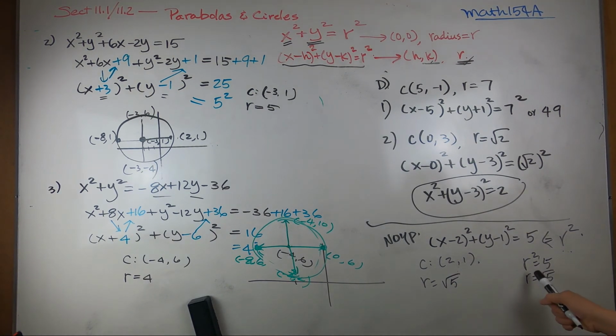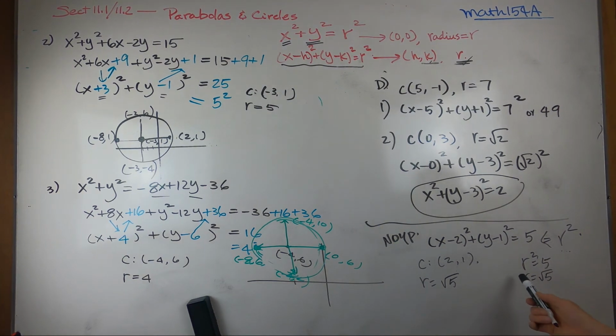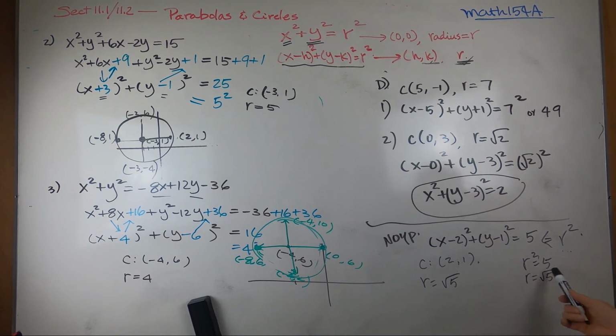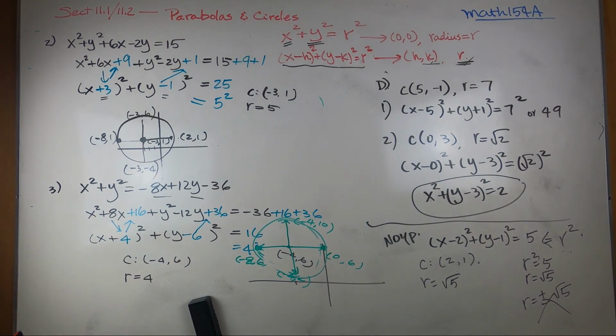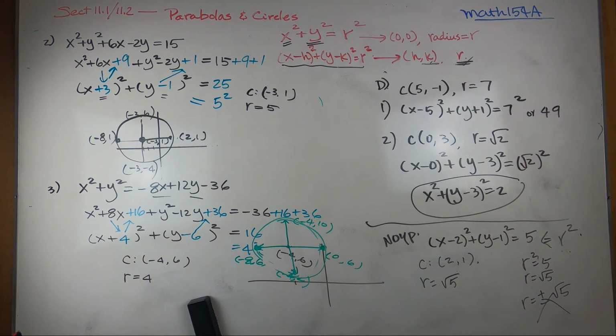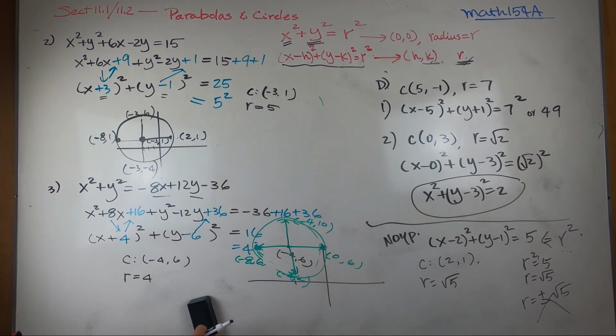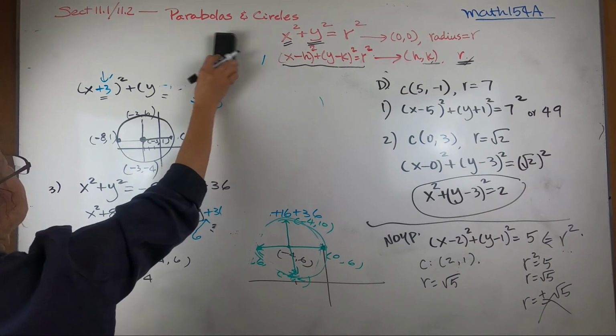Okay? When you solve the square equation, then you square root it. You should have R equals what? Plus minus square root of 5. However, your radius cannot be negative. So you will just use the positive.